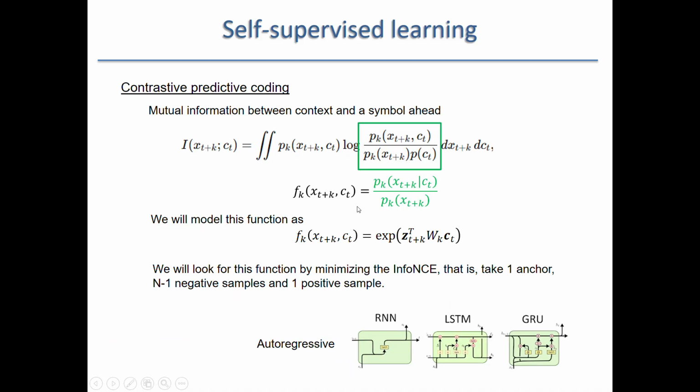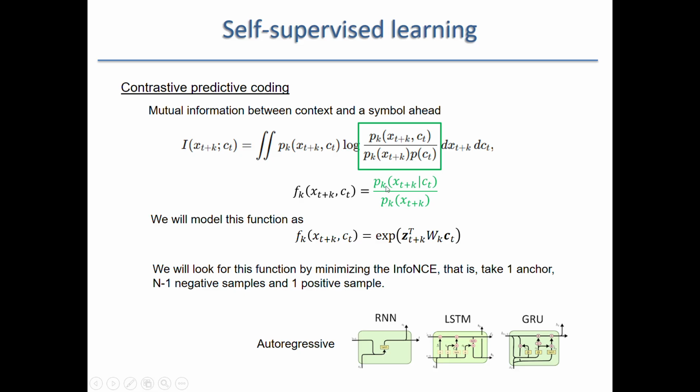Contrastive predictive coding maximizes the information between the input pieces in the future and the current context. That is our goal. And here we have the definition of information between these two.